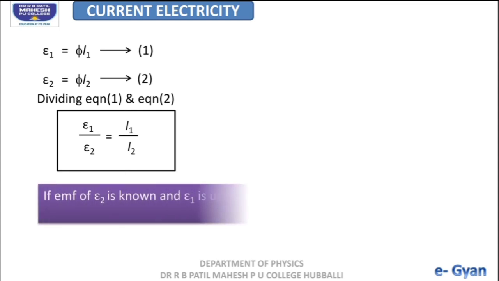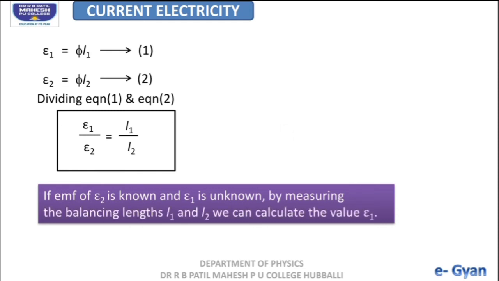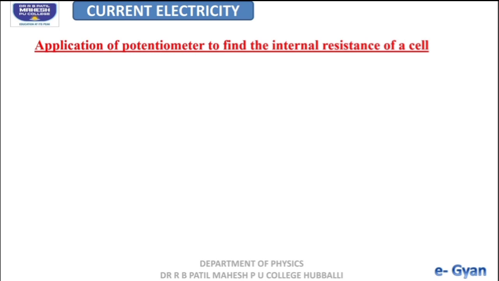And if E2 is known and E1 is unknown, by measuring L1 and L2 we can find the value of E1. This is the application of potentiometer to find the EMF of a cell, and also to compare the EMF of two cells. Now the second application, to find the internal resistance of a cell.